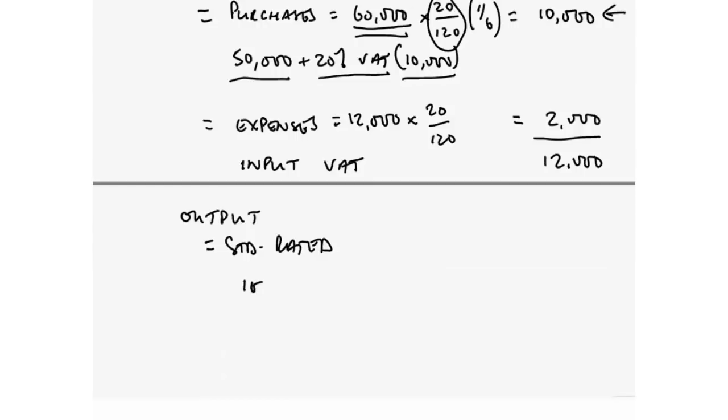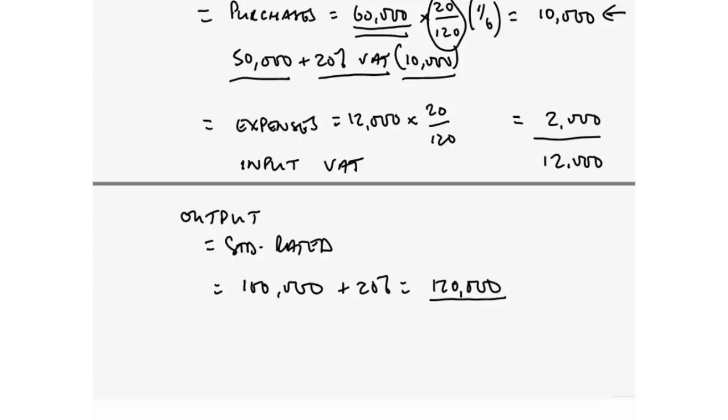So standard rated sale, £100,000 plus 20% VAT equals of course £120,000. So we would have issued sales invoices to our customers for the goods that we have sold to them amounting to £120,000, which included £20,000 of VAT.